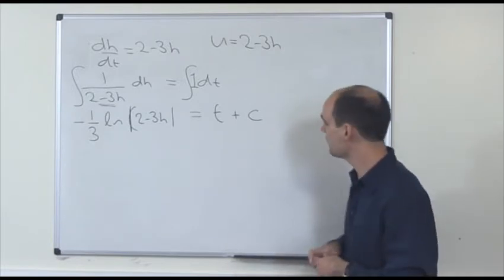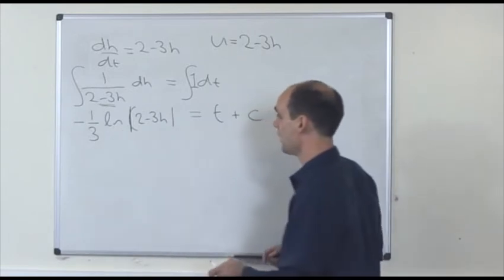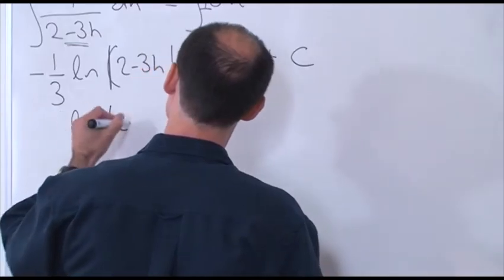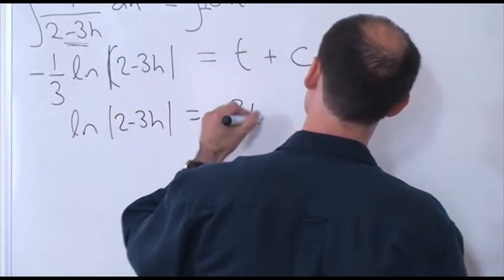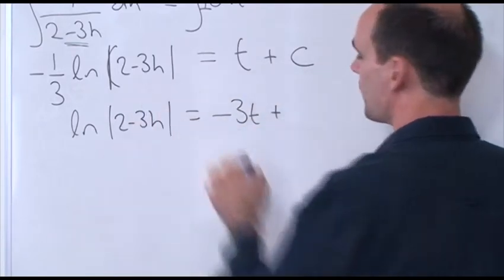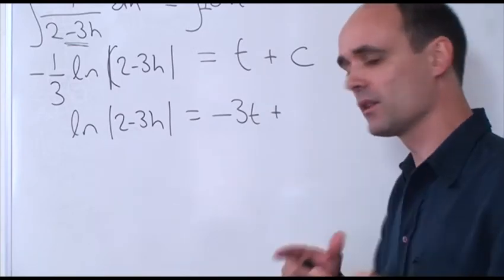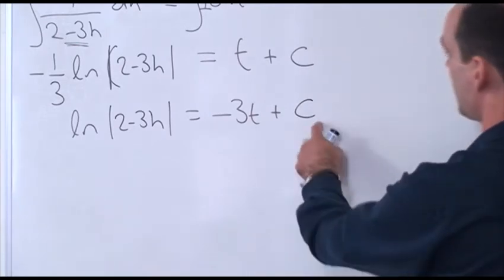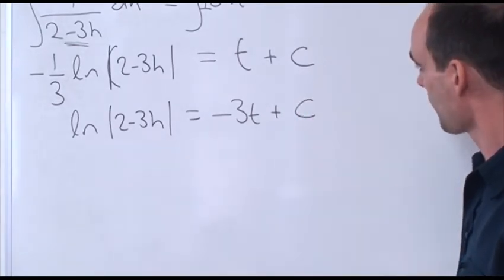And so a very simple rearrangement we can do is you can multiply through by minus 3 and get the logarithm of 2 minus 3h is equal to minus 3t plus, and I'm going to multiply this constant by minus 3. Well, multiplying a constant by another constant just gives you another constant. So I'm just going to call it c. It's not the same constant as that one, but it's still a constant, so that's all right.